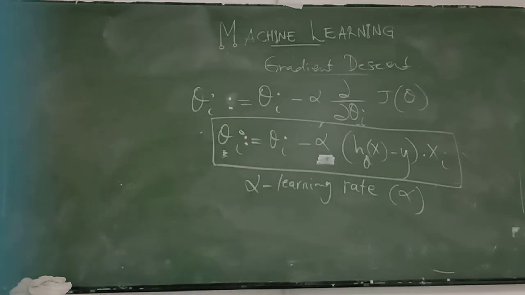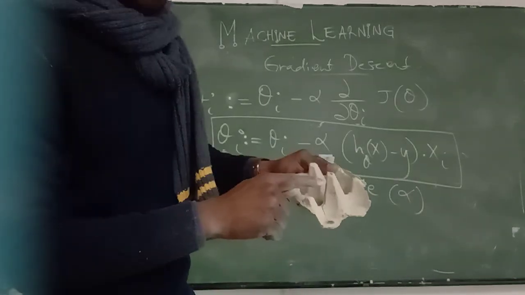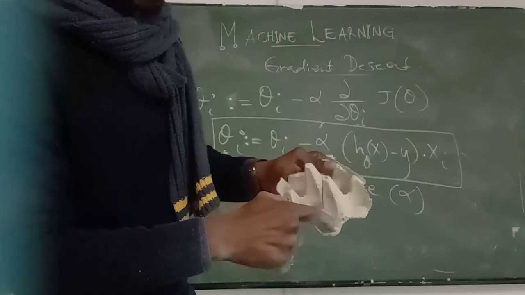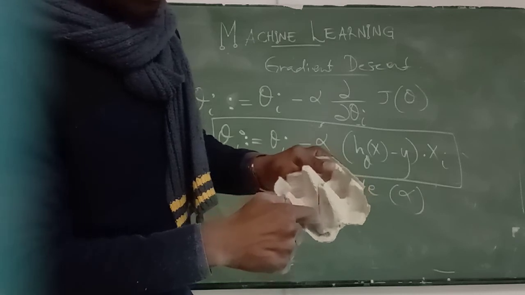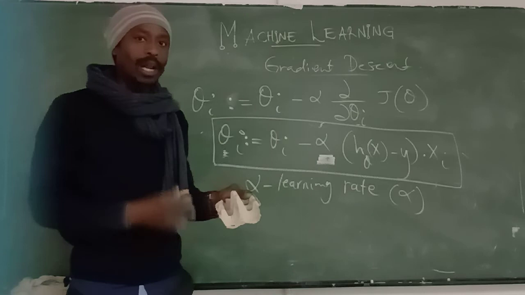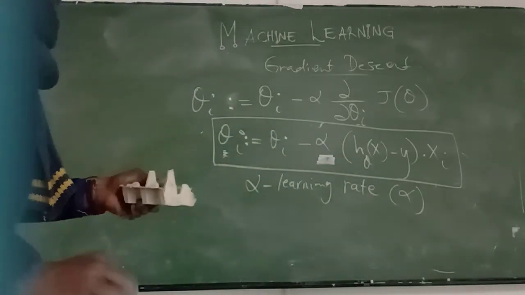So what happens as we approach this local minimum? The gradient keeps getting smaller and smaller. Think about it.